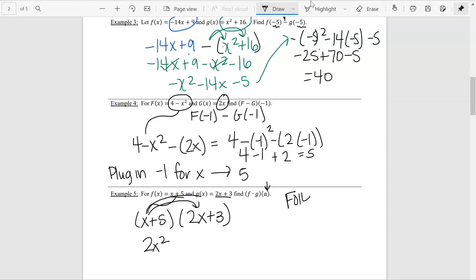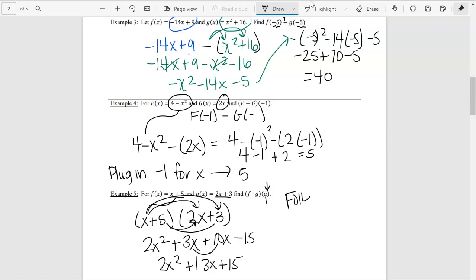Outer terms, x times 3, so plus 3x. Inner terms, 5 times 2x would be plus 10x. And then the last terms, 5 times 3 is plus 15. So if we reduce that, we've got 2x squared plus 3x plus, we can combine that 3x and that 10x, and that's going to be 13x plus 15.